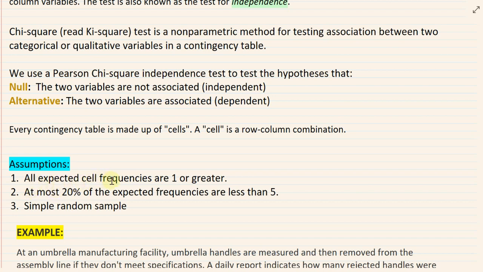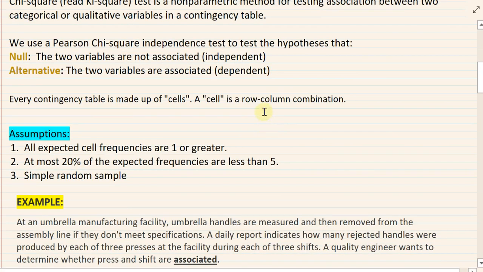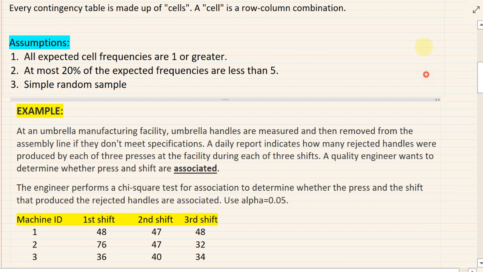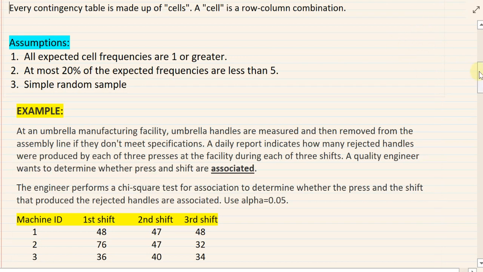All expected cell frequencies are 1 or greater, and at most 20% of expected frequencies are less than 5. And of course we have a simple random sample. I will explain these in the context of an example that's coming up in just a moment, and once we have the output, I'll come back to these assumptions and show that they are met. So let's take a look at our first example here. It's an interesting example at that. So here we have it.